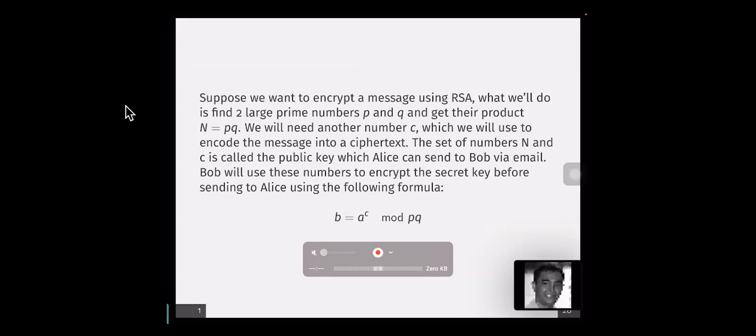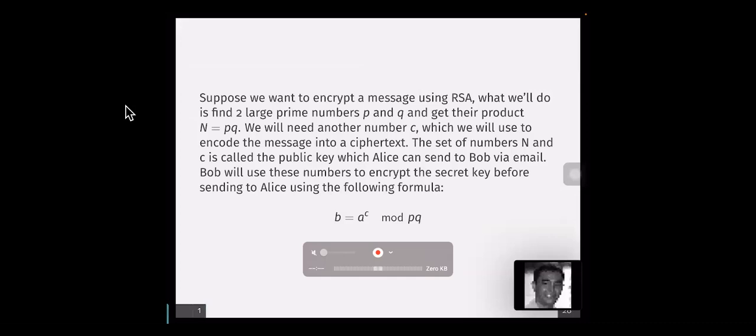And there is another number c, which we use in order to encode the message. The set of numbers n and c is called the public key, and this is the one which you publish to the world, so that anyone like Bob can send you an encrypted message.